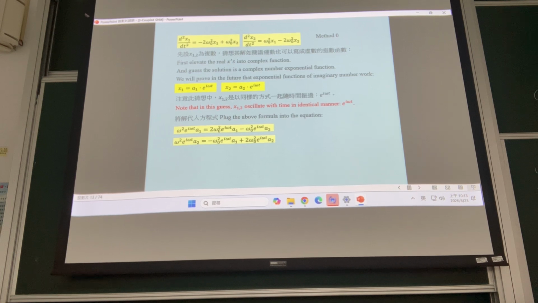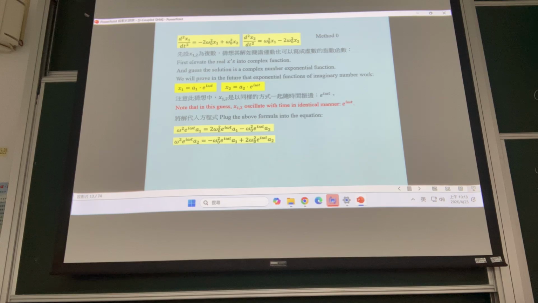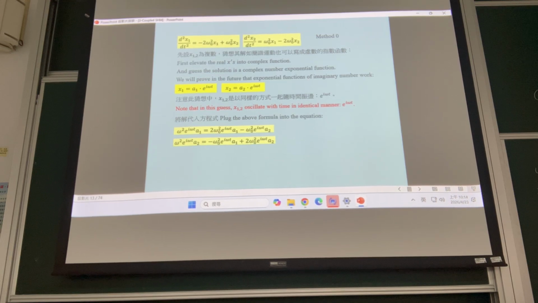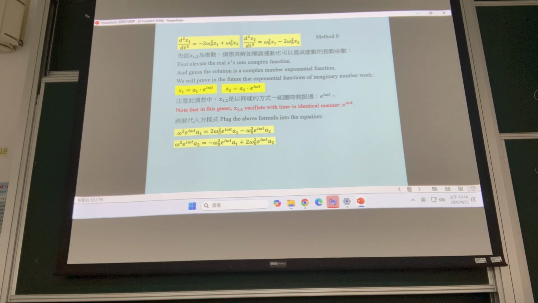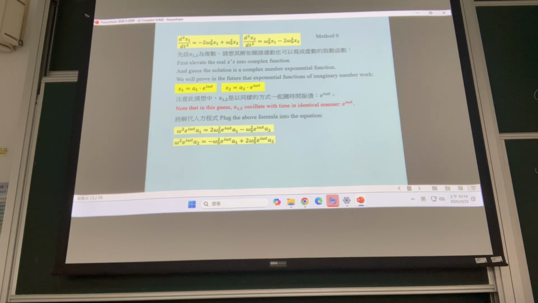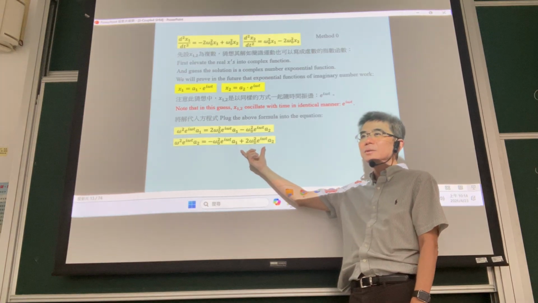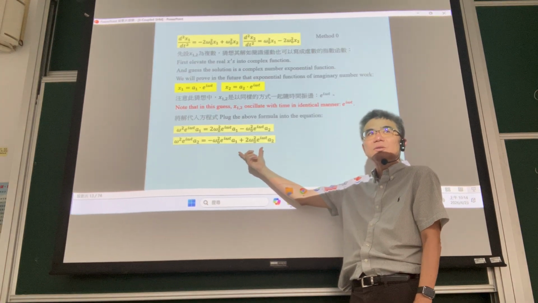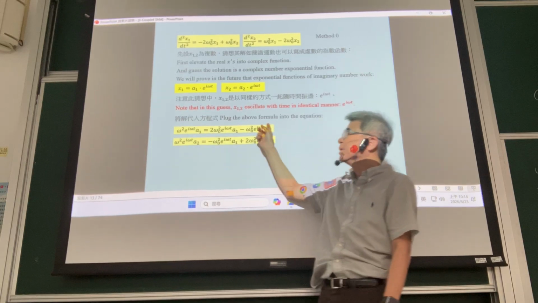It's messy on the blackboard, but you do it at home slowly with a cup of tea and with air conditioning and maybe some music. You will see that it's not that difficult. You see this very complicated expression, but it's not so complicated as it looks, because the exponential function can be cancelled out.